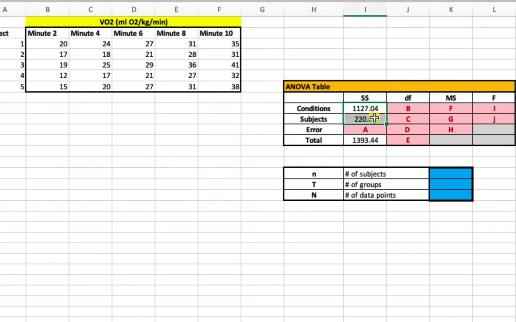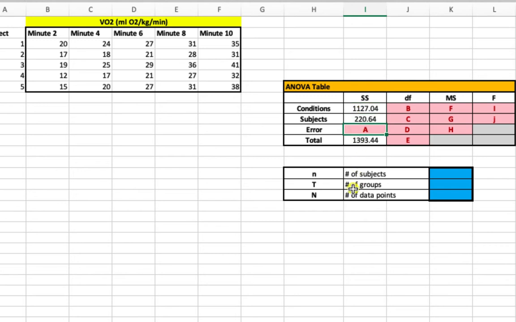You have been provided the sum of squares for conditions, subjects, and total, because I don't require you to know how to calculate those. Total sum of squares should be the sum of all of these sum of squares put together.